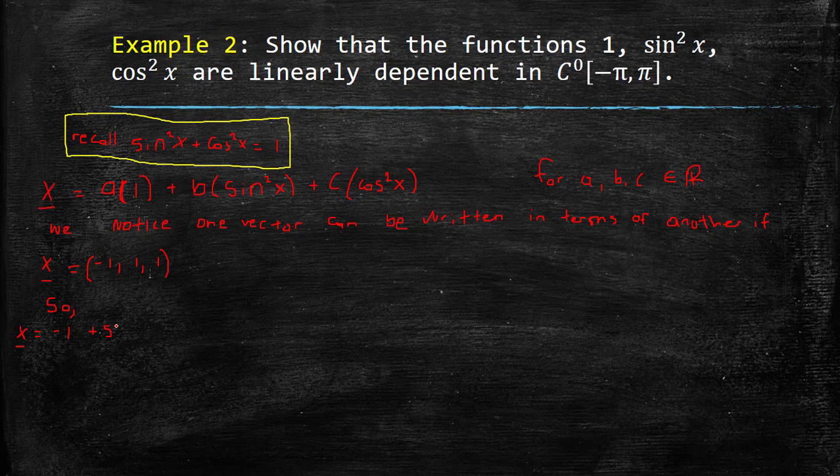So we have minus 1 plus sine squared x plus cos squared x, which implies that our 1 is equal to sine squared x plus cos squared x.